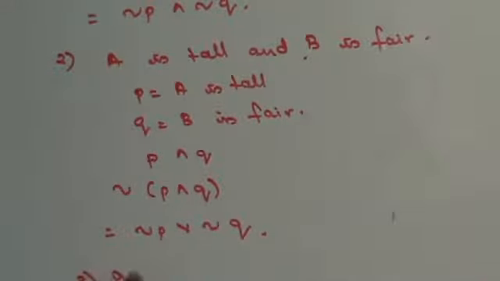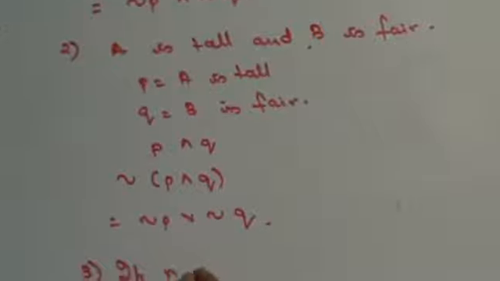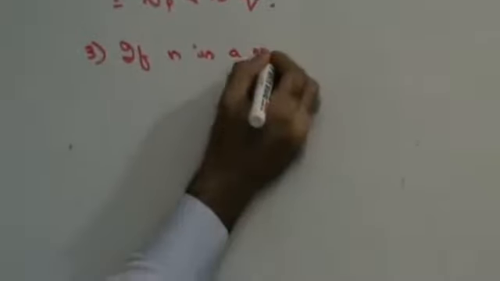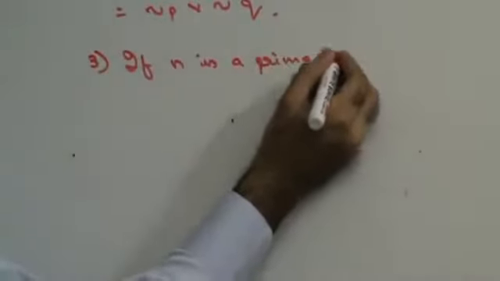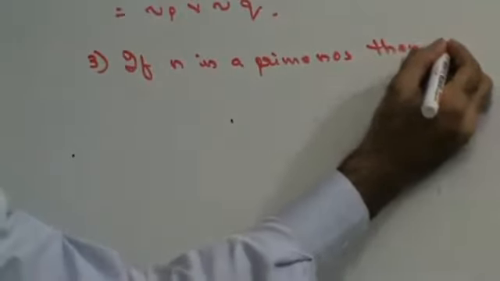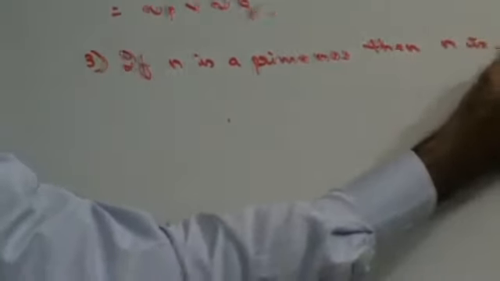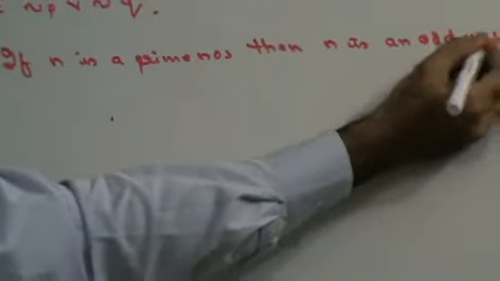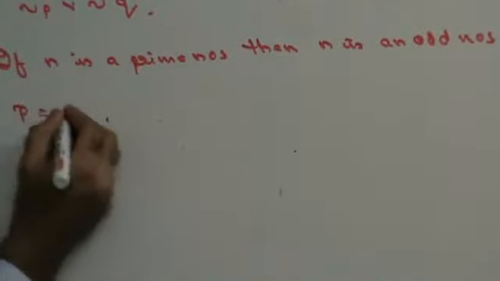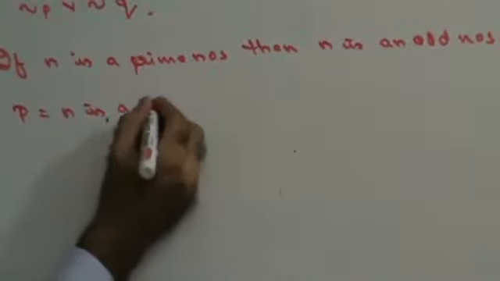Next, if n is a prime number, then n is an odd number. P is n is a prime number.